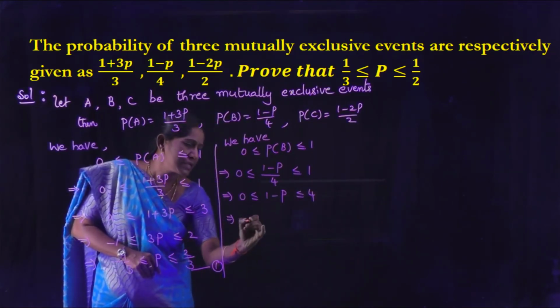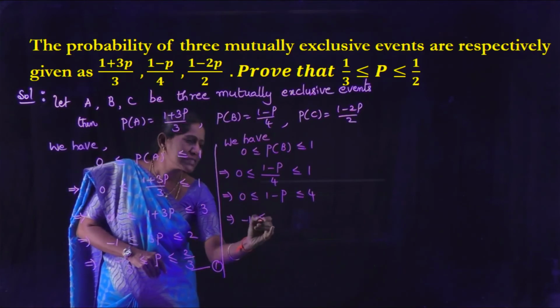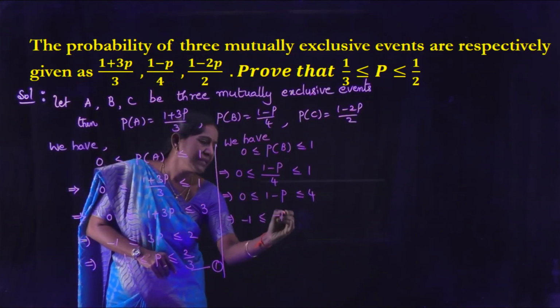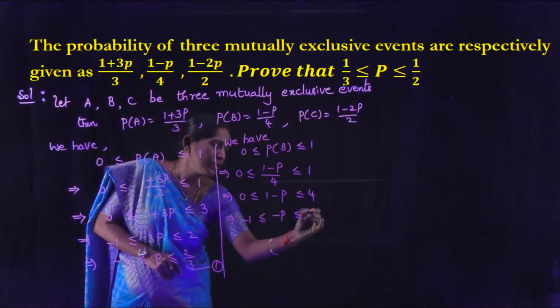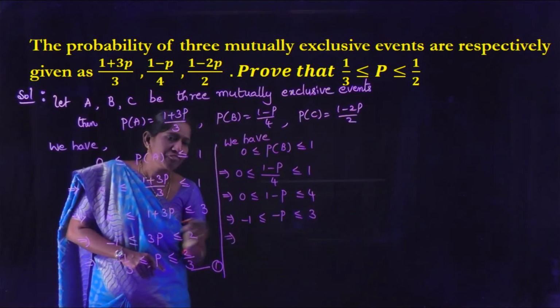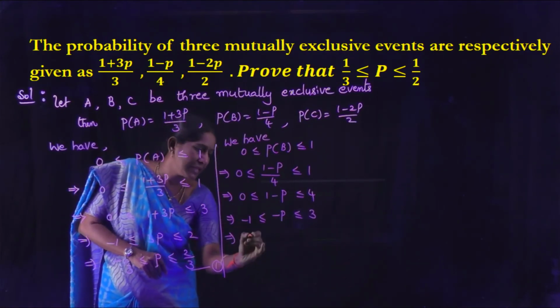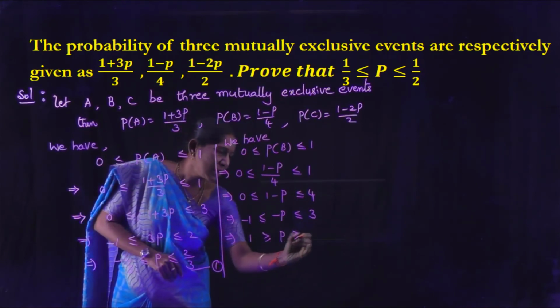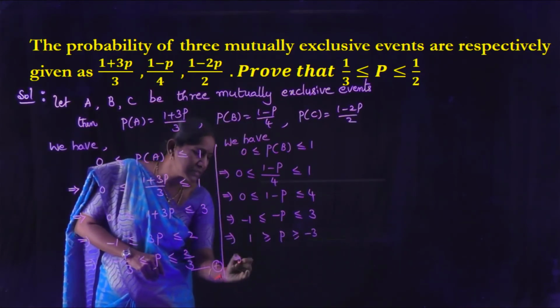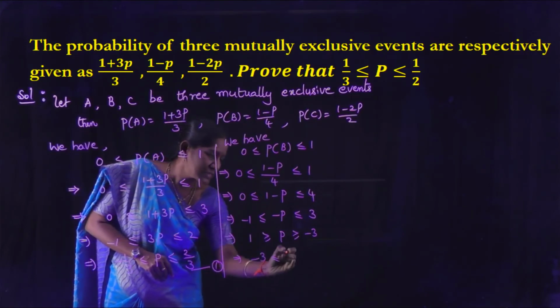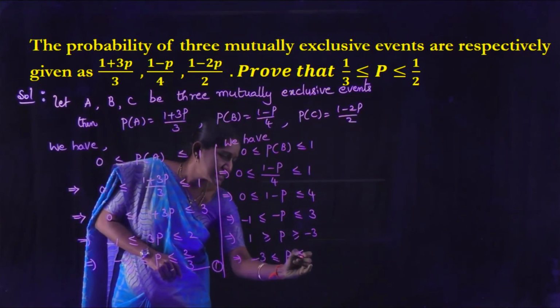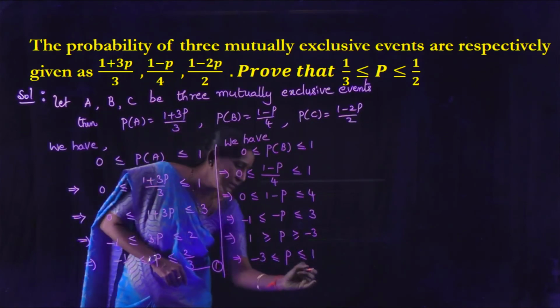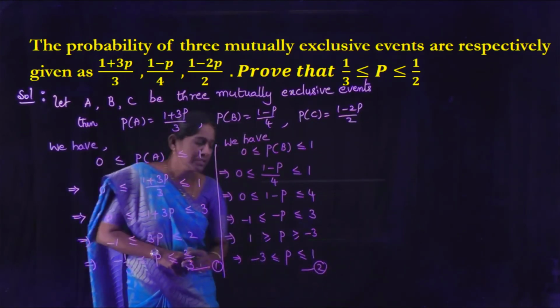So that is minus 1 less than or equal to minus p less than or equal to 3. If we multiply with minus, then it is 1 greater than or equal to p greater than or equal to minus 3. This is the same as minus 3 less than or equal to p less than or equal to 1. Take it as equation 2.